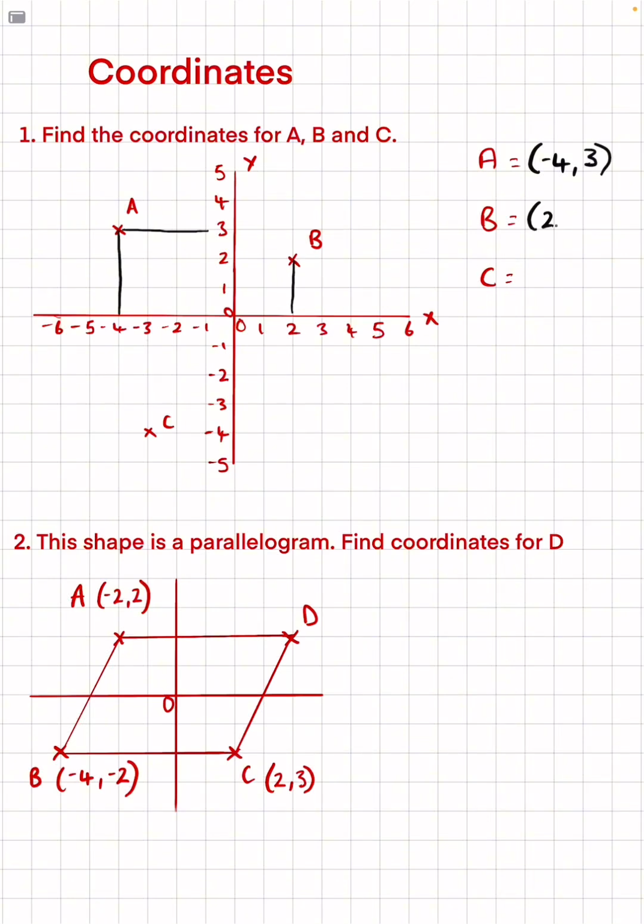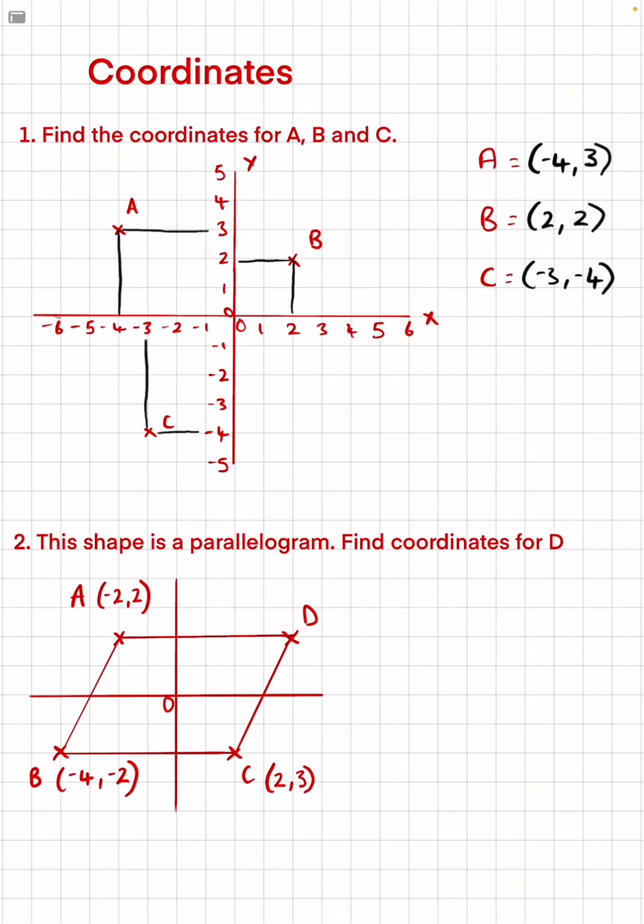The x coordinate is 2, and a horizontal line to the y-axis, and the y coordinate is also 2. For point C, we're going to draw a vertical line to the x-axis, which is -3, and a horizontal line to the y-axis, which is -4.